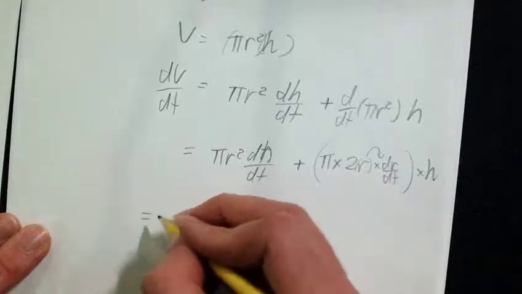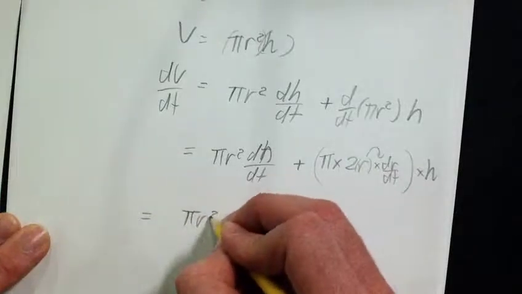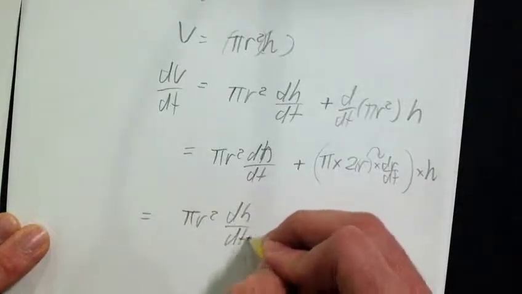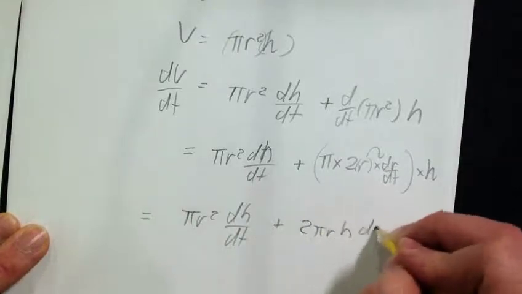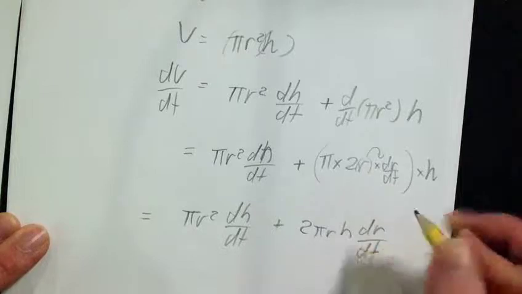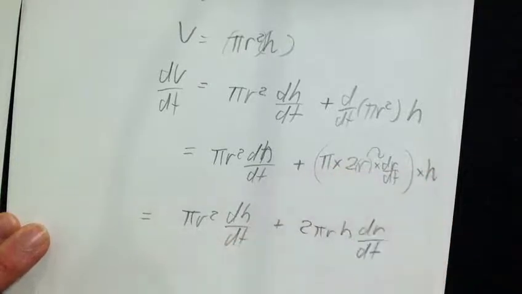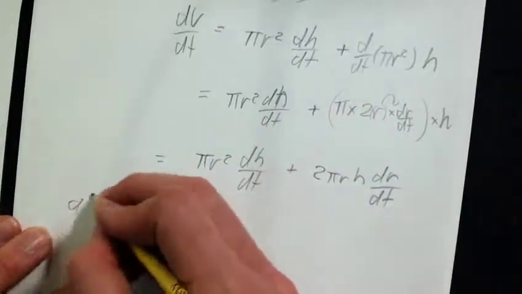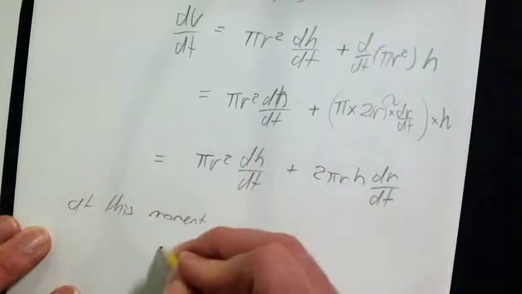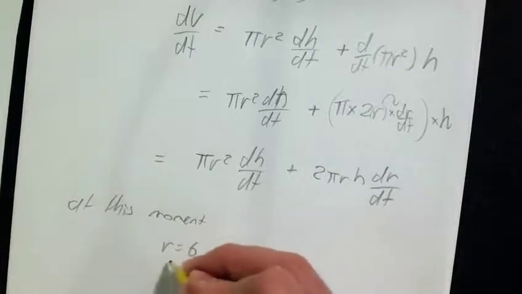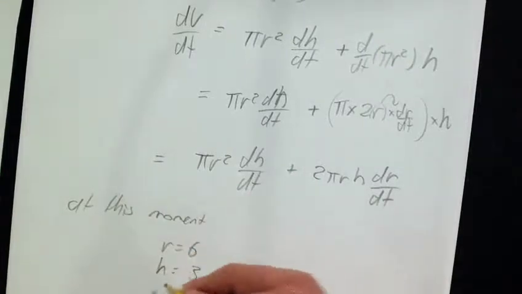And now I have everything I need to calculate the thing I was asked to calculate. Two pi r h. Yep. So at this moment, r is 6, h is 3, dr on dt is 2, and dh on dt is -1.